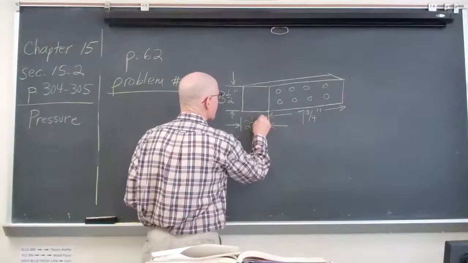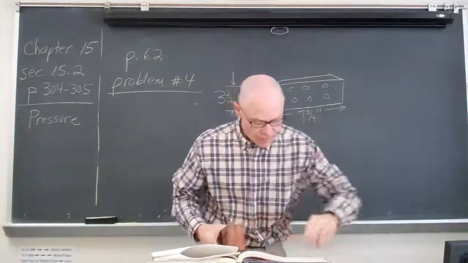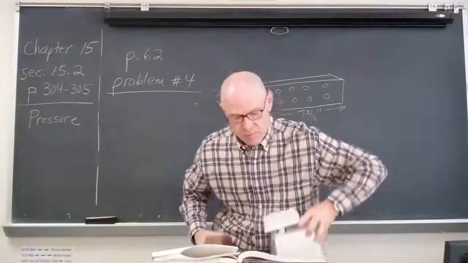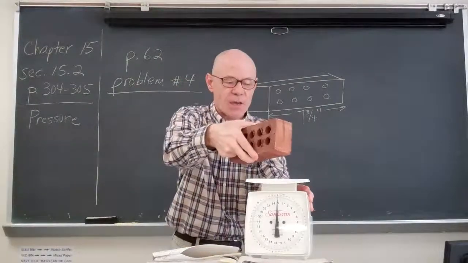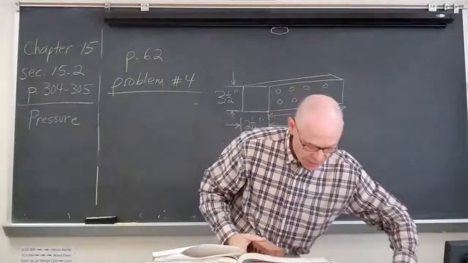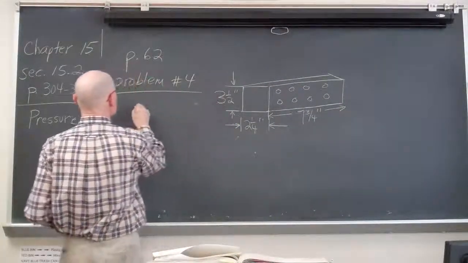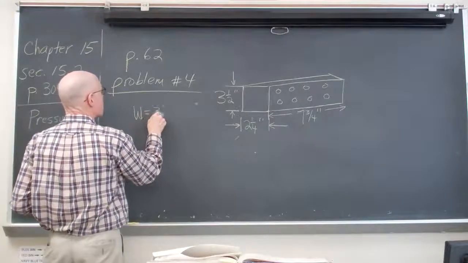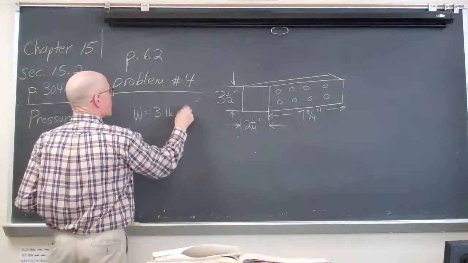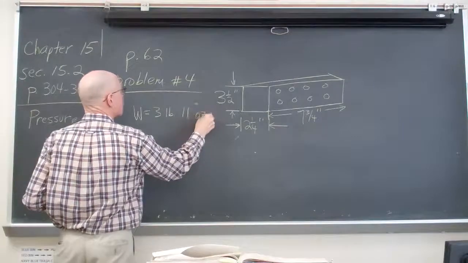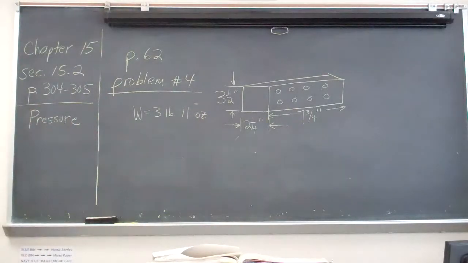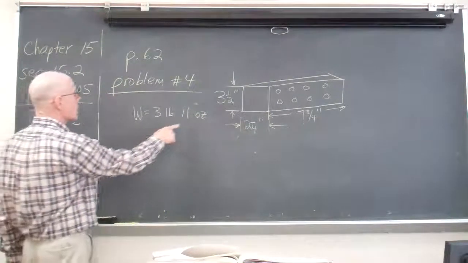The other thing you need is the weight of the object. So we'll have a scale, and we'll just measure the scale, and that weighs out at 3 pounds and 11 ounces. So you'll have to do a conversion.